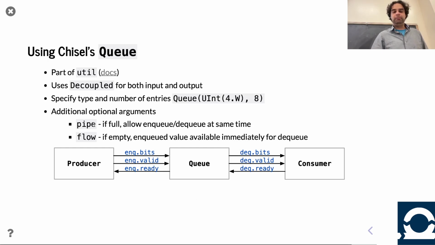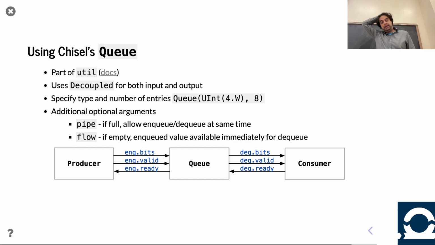But now, if this parameter is true, there is a path here. Depending on how your entire circuit's written, this can cause a combinational loop, which is why this is a parameter you can turn on or off. But in a normal case, you can turn this on, and that's great. You can use all the entries in your queue. Otherwise, you have to have at least one free slot in the queue in order to enqueue. With pipe being true, you can enqueue into a full queue if someone's dequeuing at the same time.